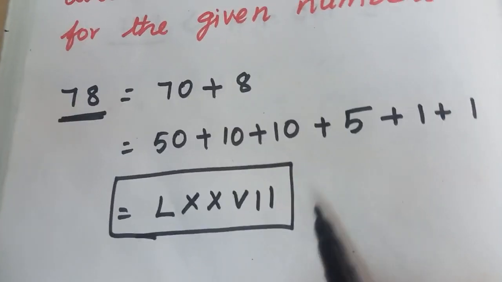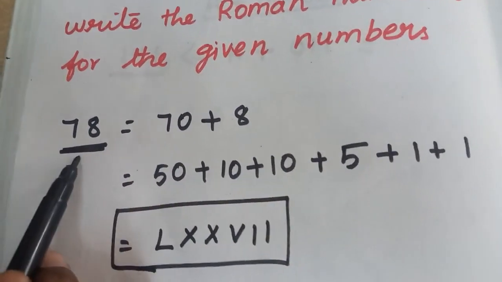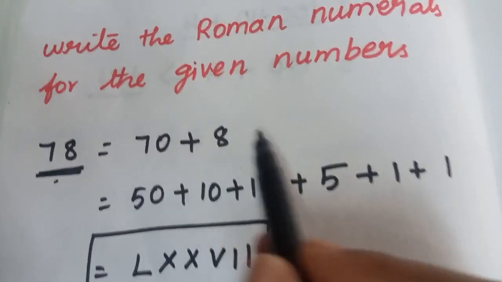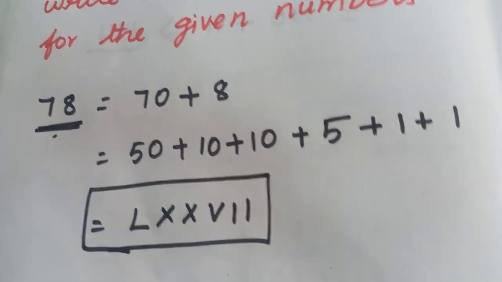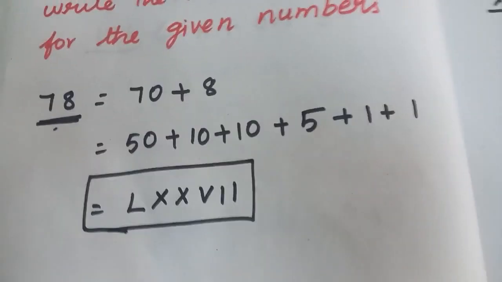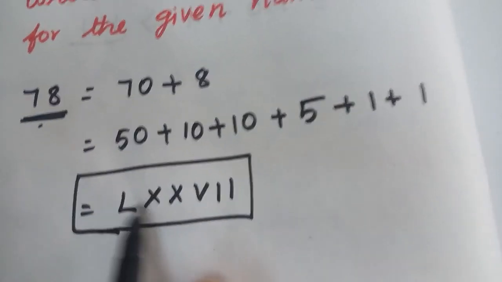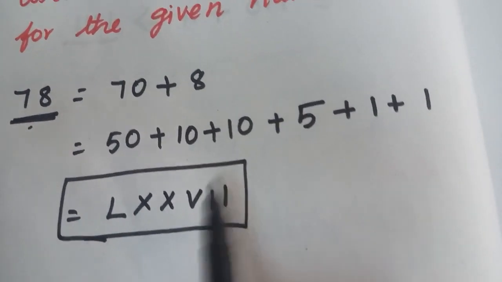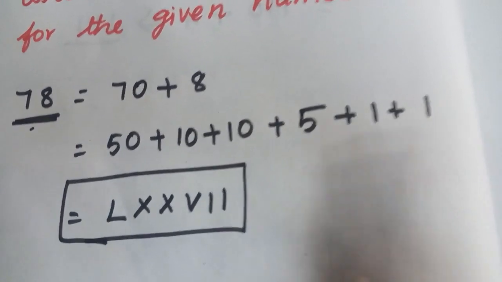This is the way you have to write the Roman numerals for a given number. First you have to split. Afterwards you again split according to the Roman numerals and Indo-Arabic numerals table. After that you give the Roman numerals. Here you have to use rule 2, rule 3 and rule 4 also.